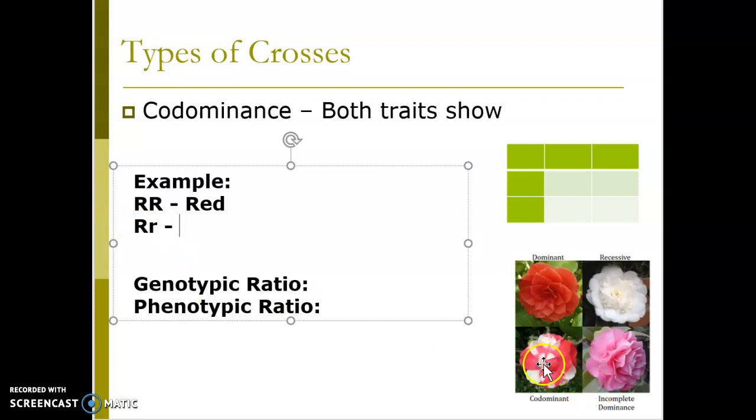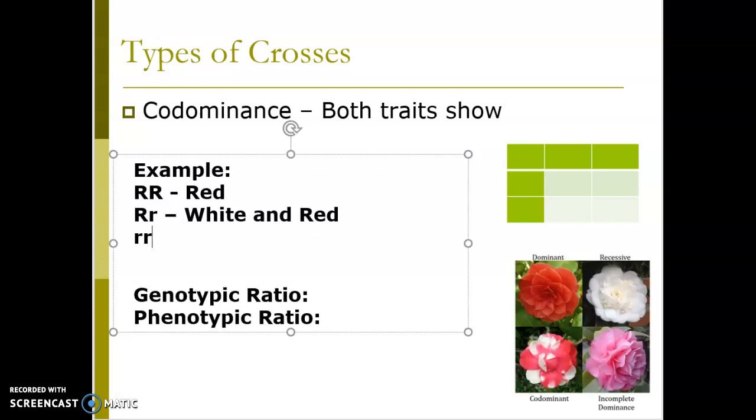So in this case, if you look down here, that's my flower that has white and red splotches. It could be white and red checkers, white and red stripes. It does not matter. You're going to see both colors. So in this case, white and red. And then we're going to have our recessive guy who's still white.